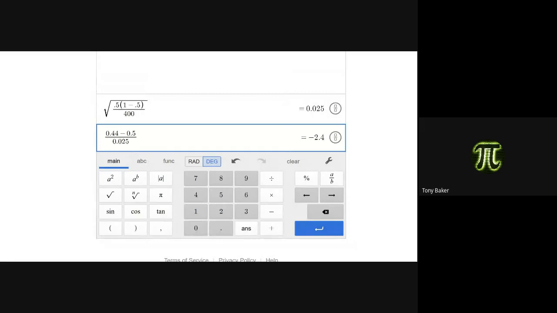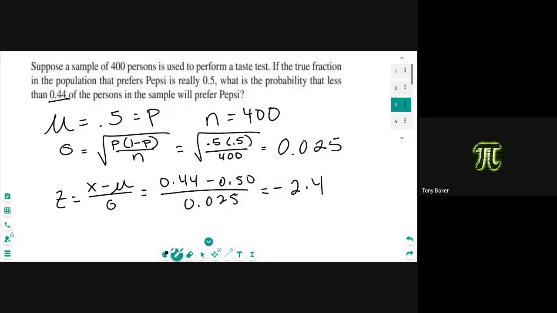When you type it in Desmos, that's what it should look like. And we get negative 2.4. All right, so negative 2.4 is 0.0082.